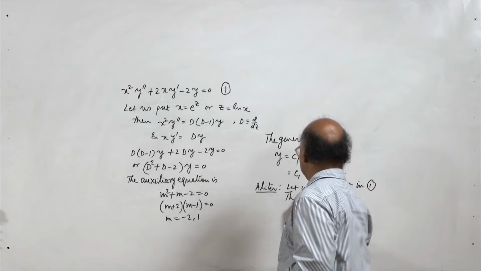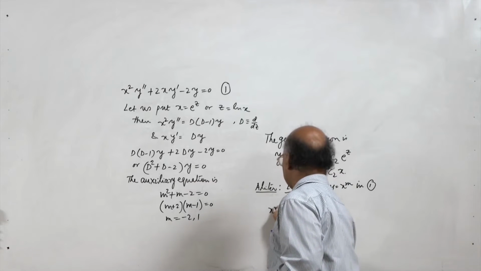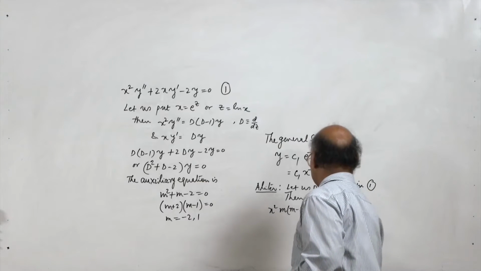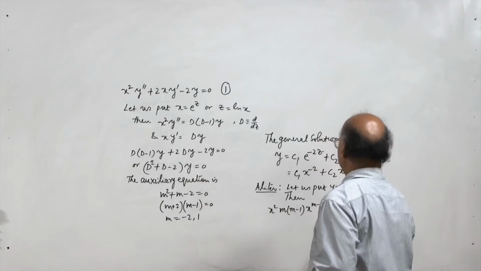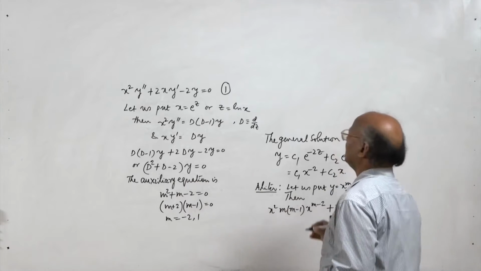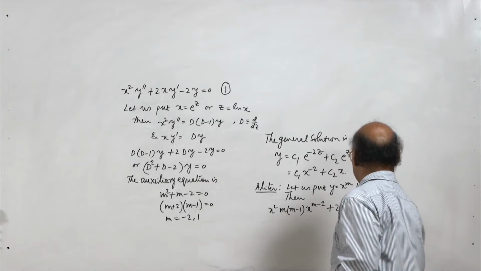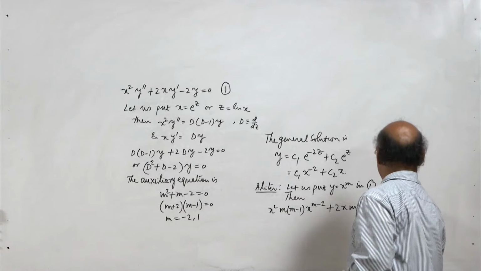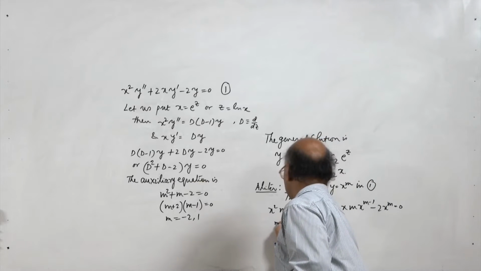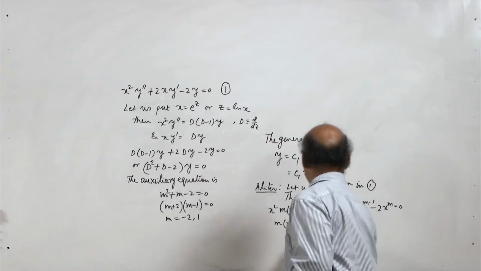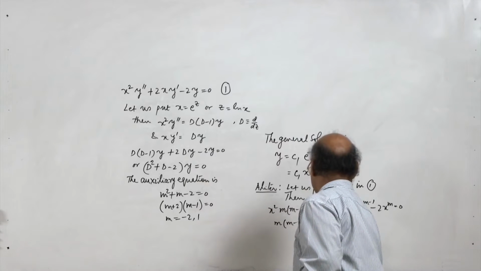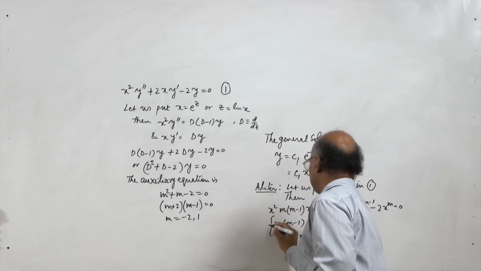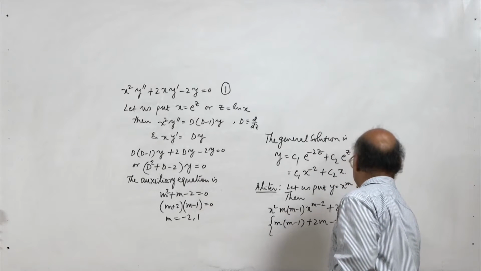Then what do we have? x squared times m into (m minus 1) x to the power m minus 2 plus 2x times y dash, which is m into x to the power m minus 1, minus 2x to the power m equal to 0, or we can say (m into (m minus 1) plus 2m minus 2) x to the power m equal to 0.